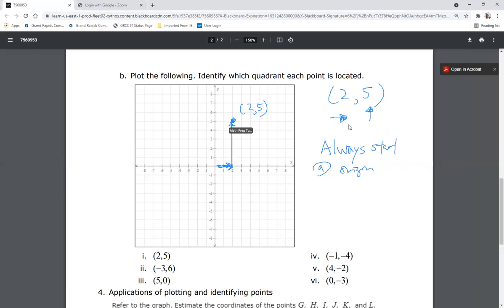Now, similar idea. Let's look at point number 2. You have (-3, 6). That means 3 to the left and 6 up. So again, starting at the origin, 3 to the left and 6 up.